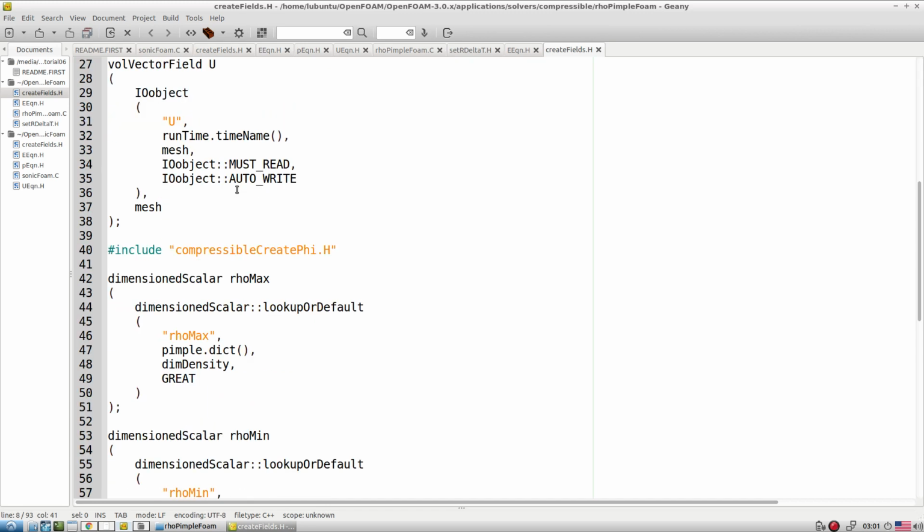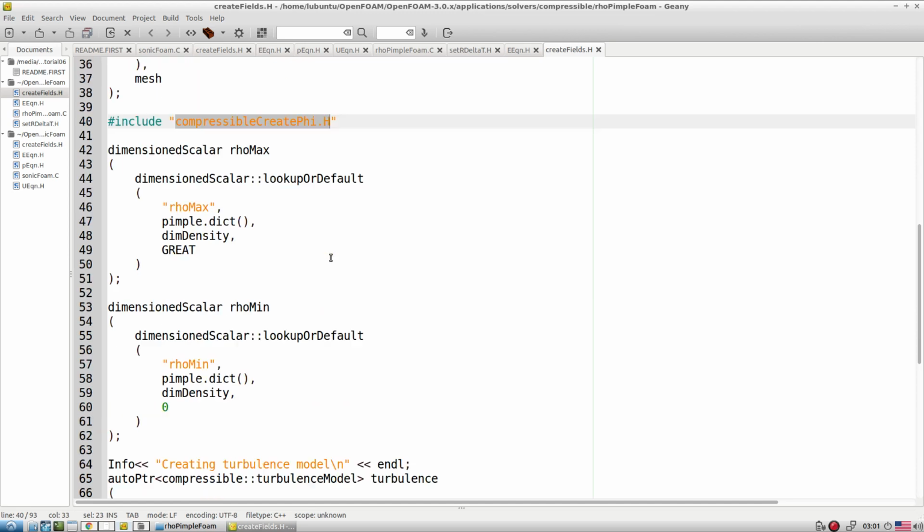Then U, then compressible createPhi. This is nothing but the fluxes we create, and rhoMax and rhoMin.